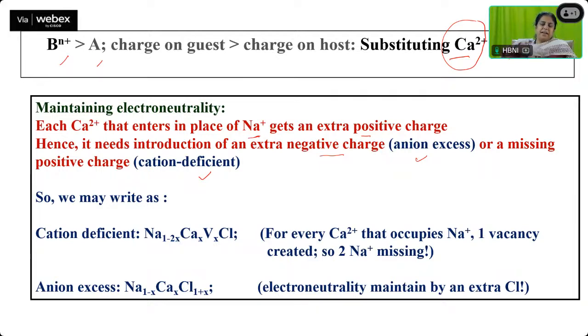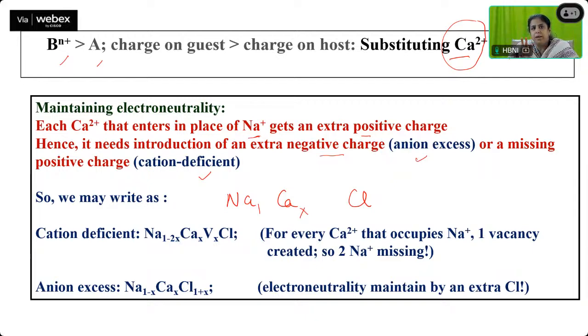When I'm writing cation deficient, you simply write it as Na, Ca, and Cl. Let's say I have put in x calcium. Every calcium that goes into NaCl replaces one Na, but along with that, in the cation deficient mechanism, for the want of neutrality, it knocks off one more Na.